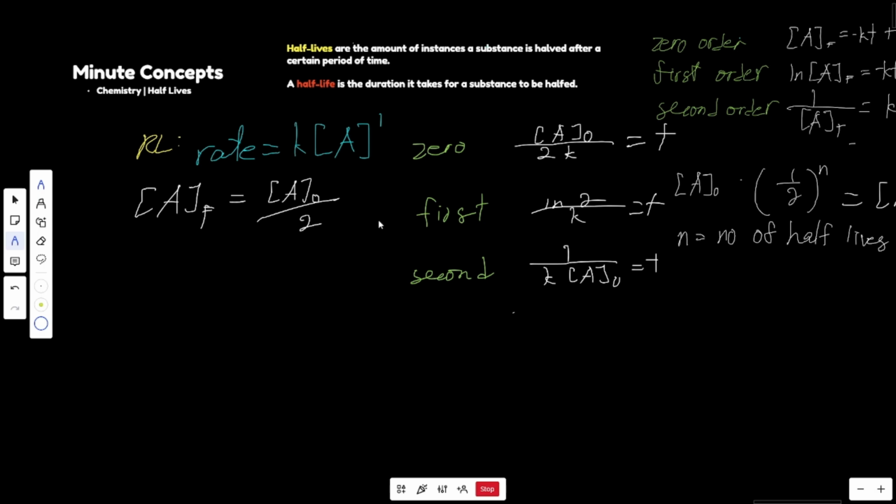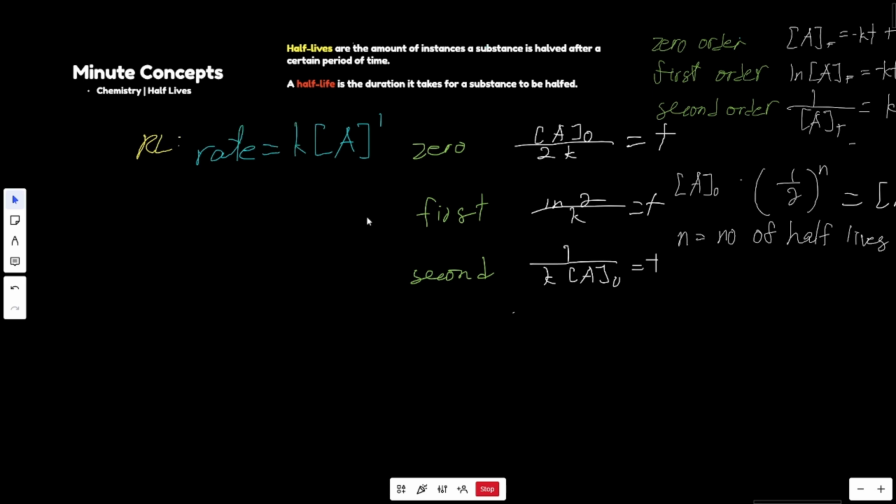That makes it a first order reaction. Let's say that our rate constant this time, we're not going to use the same one as the last video because I kind of forgot what it was, is 0.5 per second.